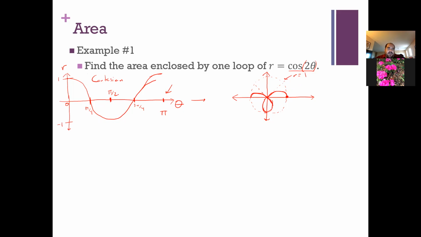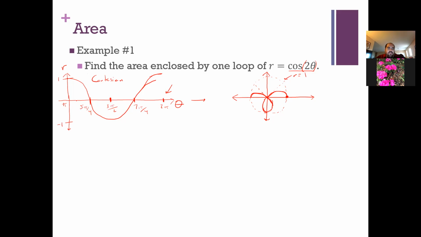But here's the thing, I know that this graph is periodic, so I know that it's going to repeat all those behaviors from pi to 2 pi. So I'm just going to relabel my points here, and that will help me finish this graph.